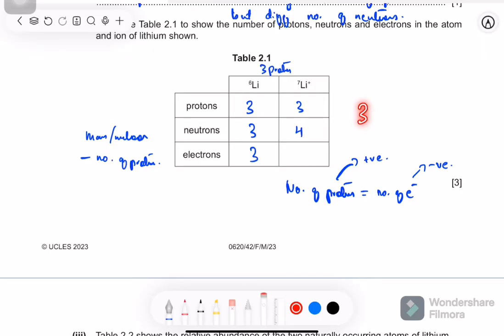So in order to get a plus charge, with 3 protons we have to have 2 electrons, giving us a net positive charge. Had this been minus, then we would have one more electron than the total number of protons. The total number of protons is 3. One more electron will give us 4 electrons. But here we have positive, so 1 electron less than the total number of protons, which will be 2.